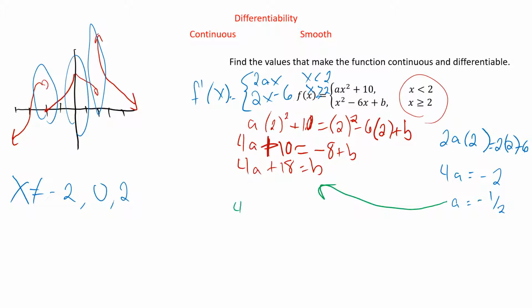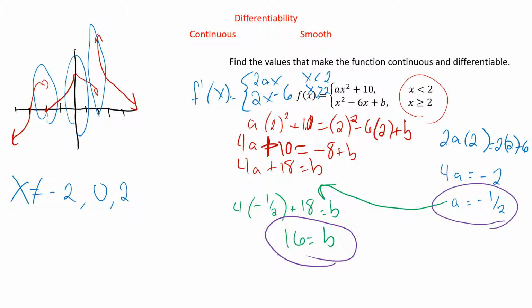So we have 4 times negative 1/2 plus 18 equals b. 4 times negative 1/2, that's negative 2, plus 18 is 16 equals b. So our answers, b equals 16, a equals negative 1/2, are the values that will make this function continuous and differentiable.